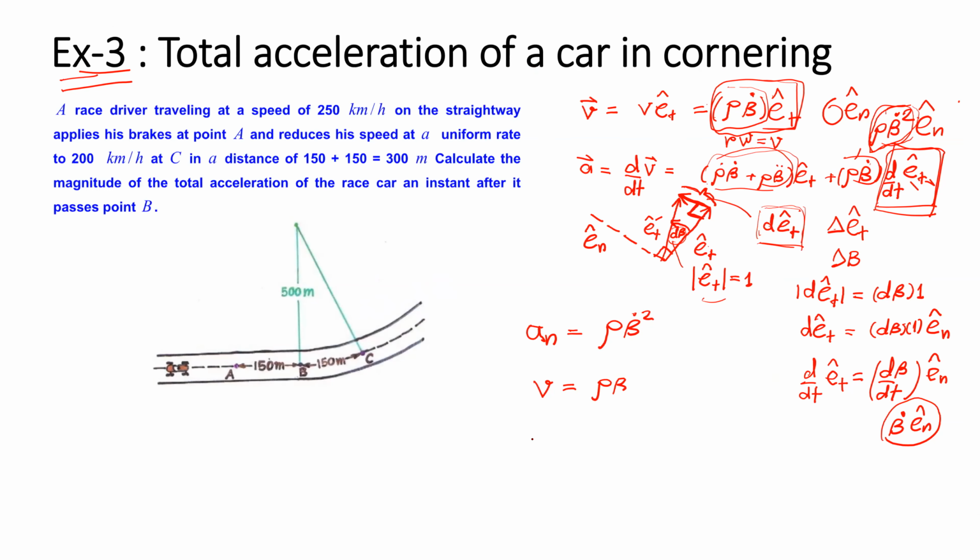So it's not wrong to write the normal acceleration in the terms of velocity square divided by the radius of curvature, because rho beta dot square divided by rho is equal to rho beta dot square.